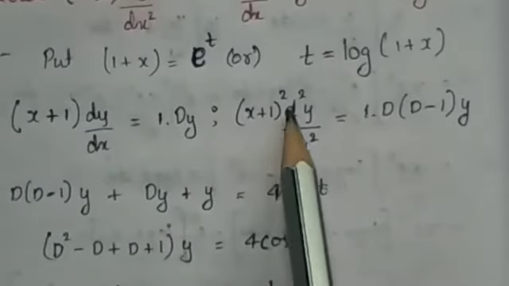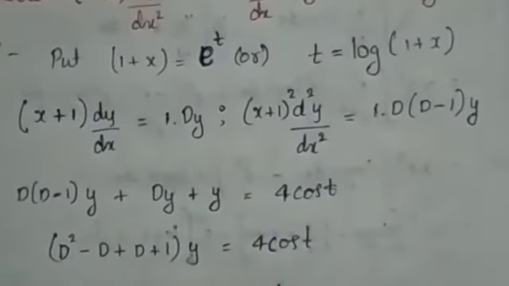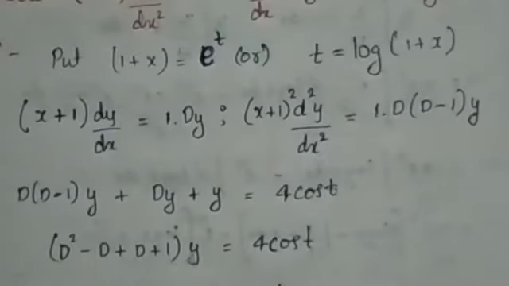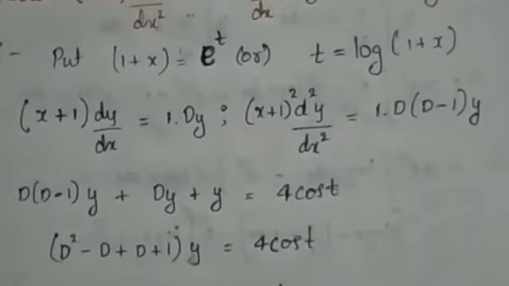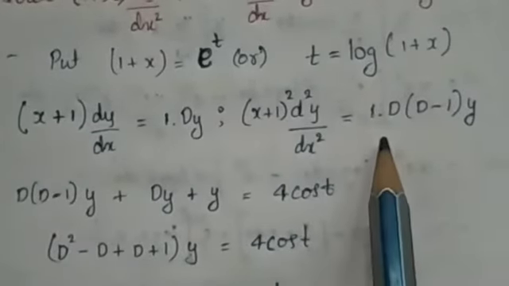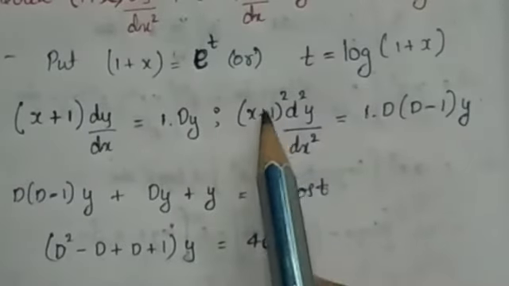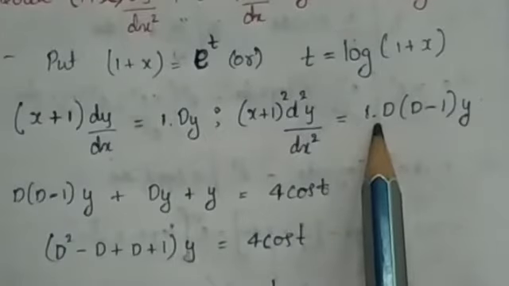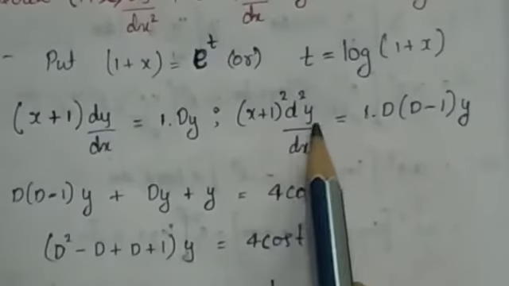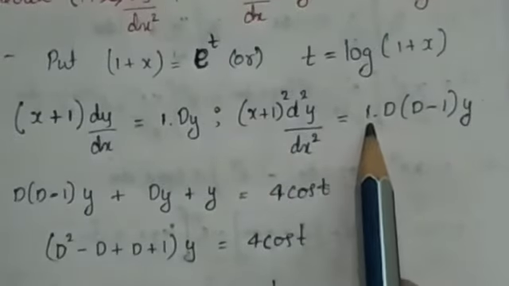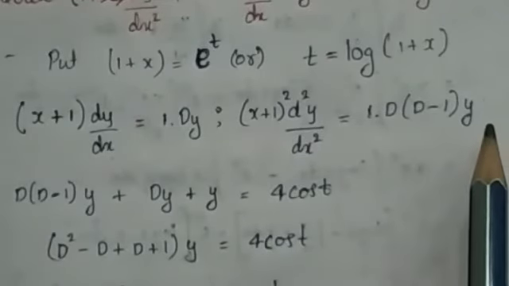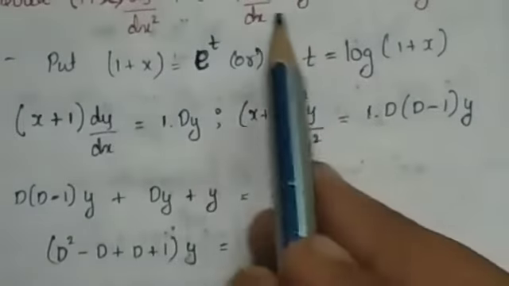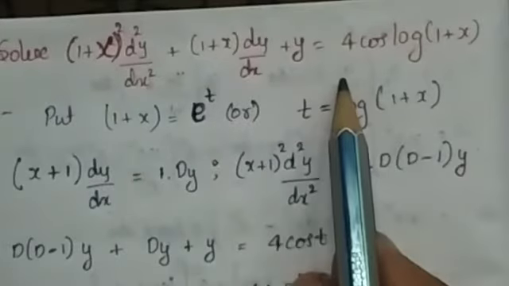Similarly, (ax+b)^2 d^2y/dx^2 can be written as a^2 D(D-1)y. In this case a is 1, so a^2 is 1. So (1+x)^2 d^2y/dx^2 can be written as D(D-1)y. Substitute these into the Legendre equation.